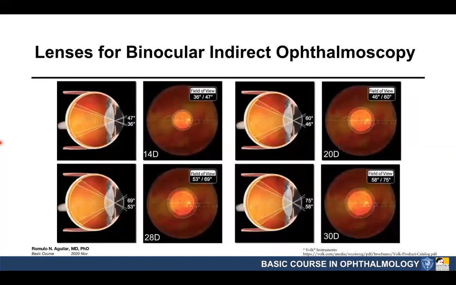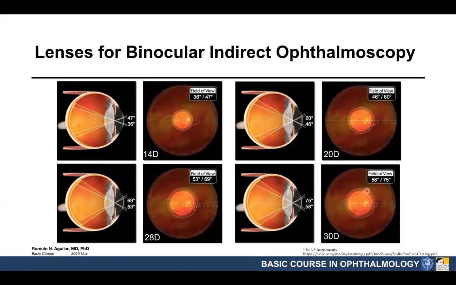Now, this figure shows you the extent of what you can see with the different lenses. So this is the extent of the full fundus. With the 14 diopter, this is just what you can see. With the 20 diopter, the standard, this is what you can see. That small yellow dot there is the optic nerve. 28 diopter, a little bit wider, and the 30 diopter, a little bit wider.